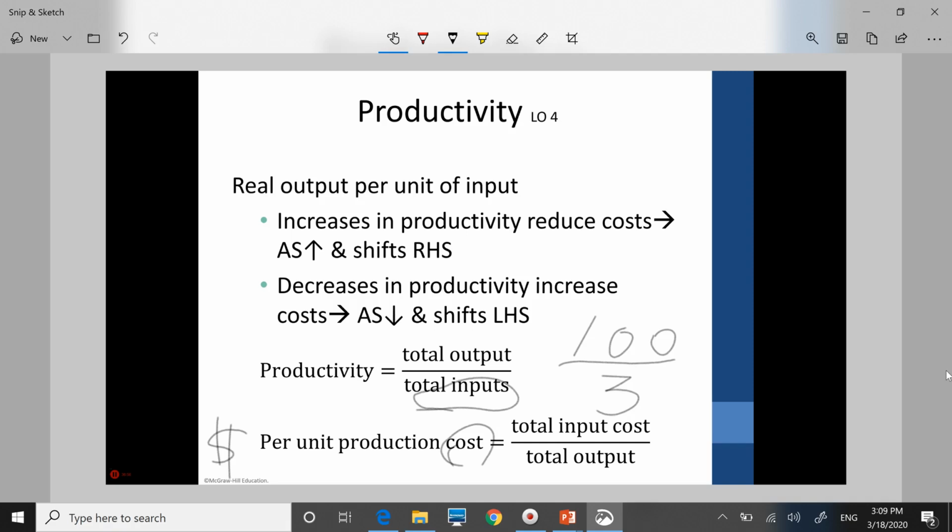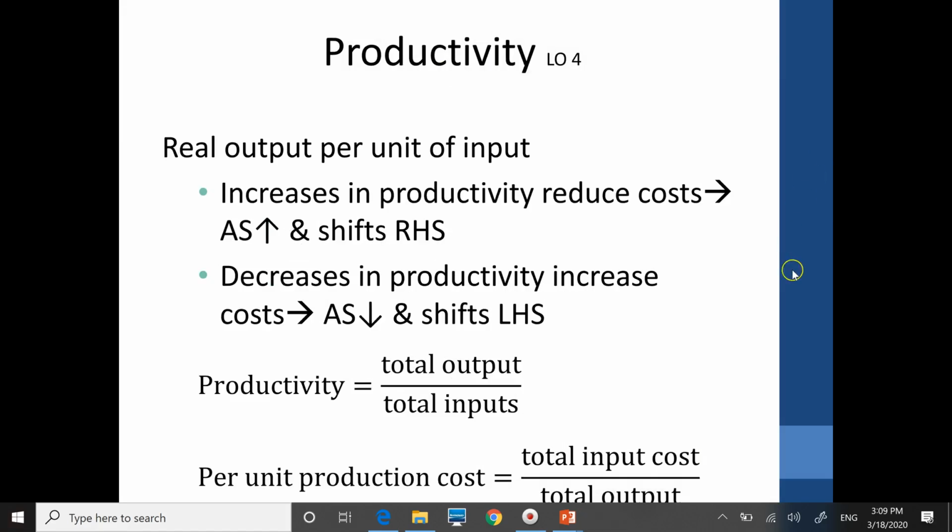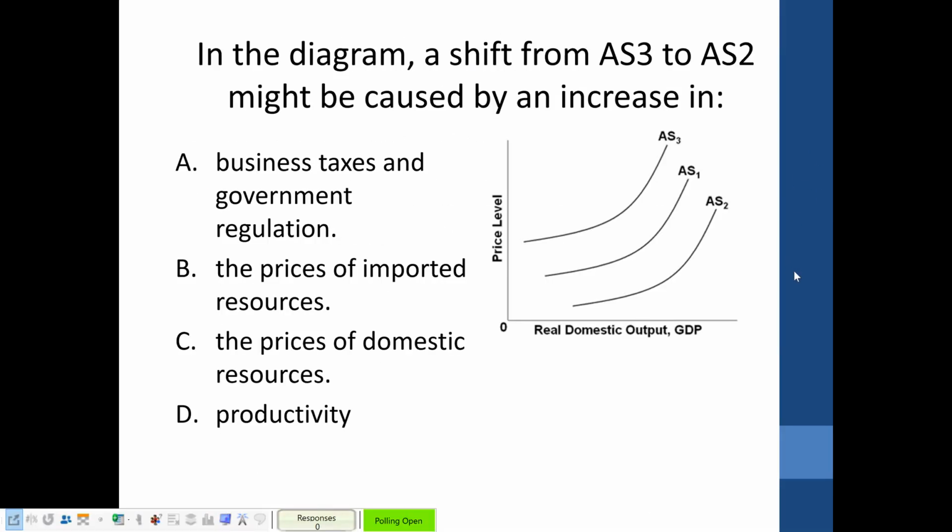Remember my version stamp example. One version stamp is $30 million, and each one can produce 5 million auto parts. So per unit production cost is $6 if you're using 1 year. All right, let's try an exercise.